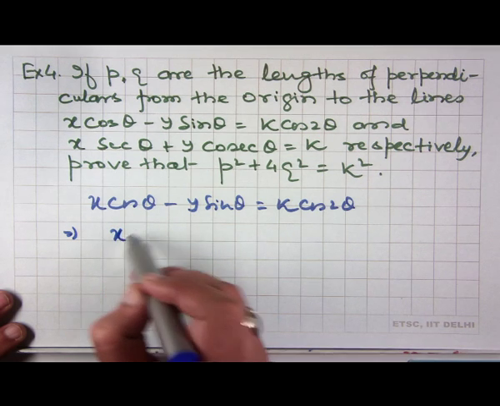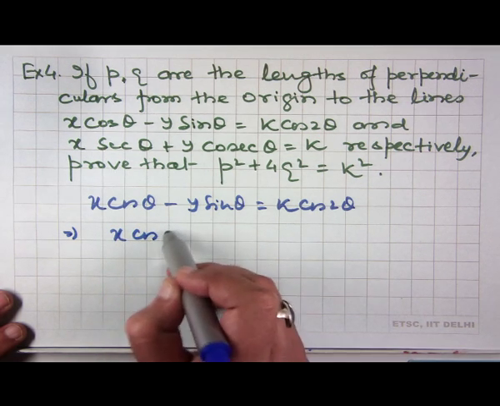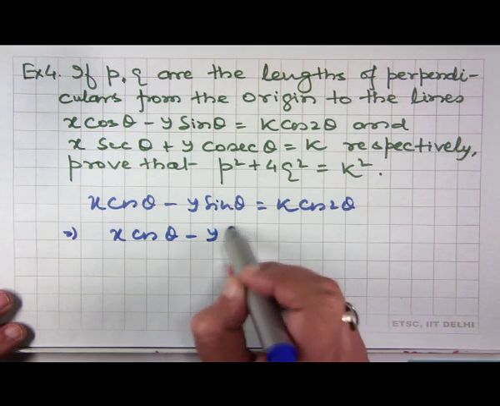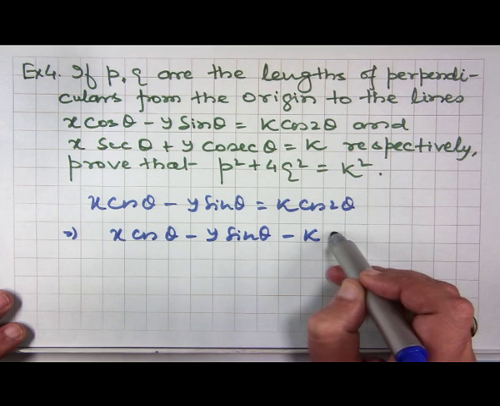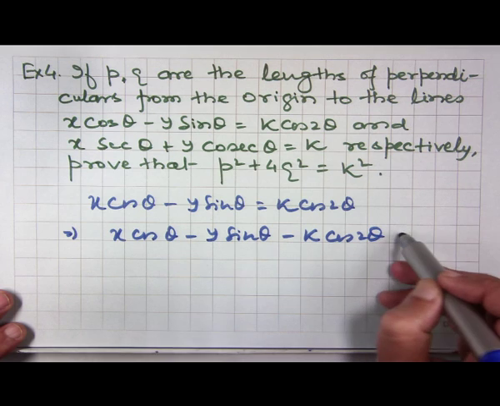So x cos theta minus y sin theta minus k cos 2 theta equal to 0.